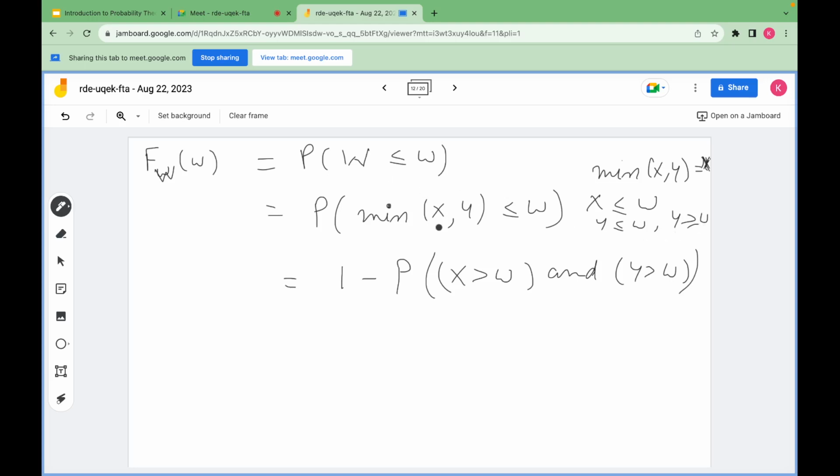But we know that one of them should be less than w. So this probability is 1 minus the probability that both are greater than w. If any of them is greater than w, then this won't hold. So this is the complementary probability for this event. That's why we wrote this.